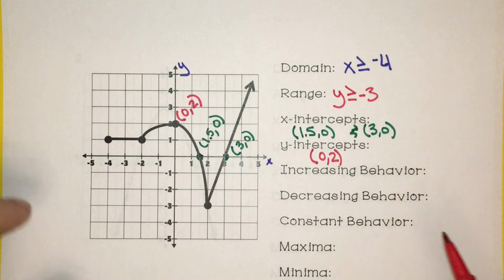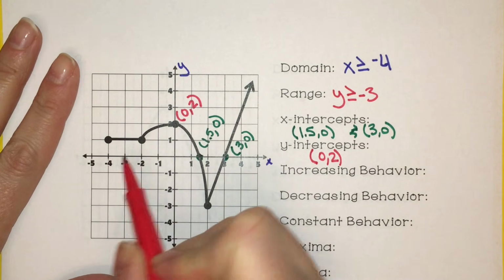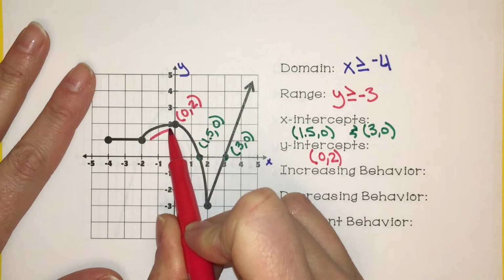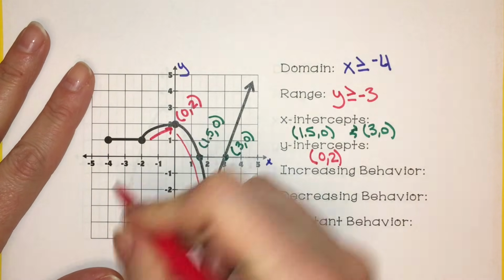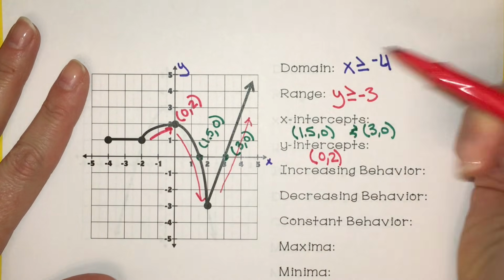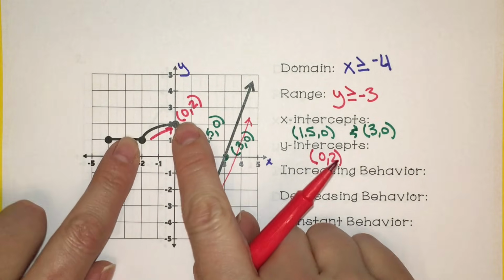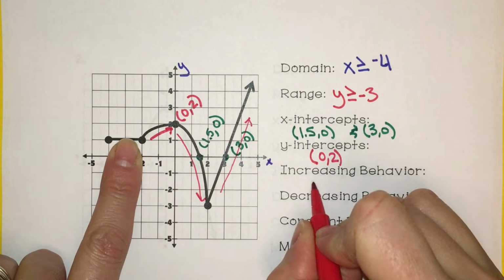Increasing behavior. All right, so I'm going to look at this going left to right. This one's flat, so that's not increasing. Oh, but here we're going up. Here it's going down, and I always go from left to right. And here we're going back up. So increasing behavior is between these two points. Again, I'm looking at x.